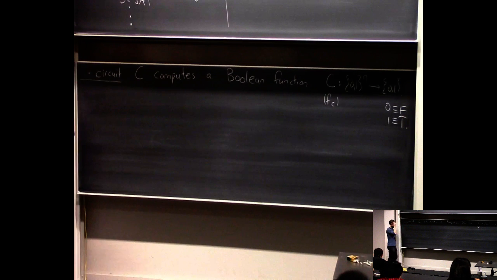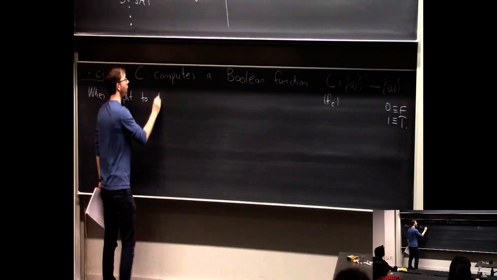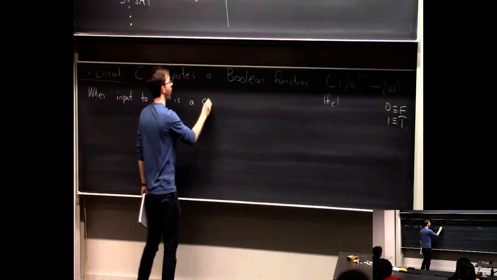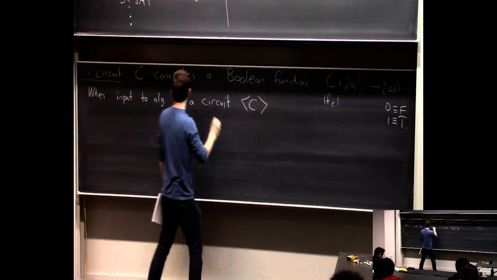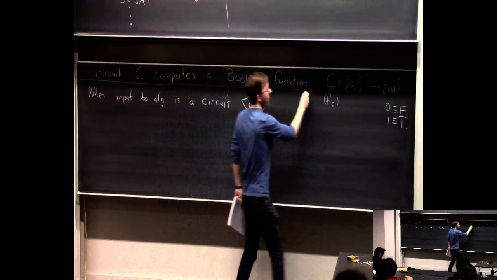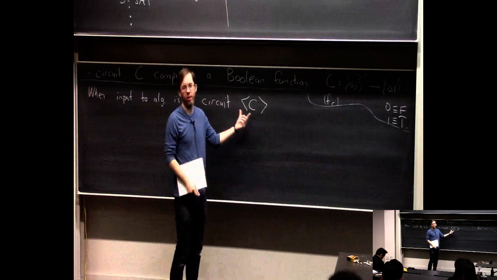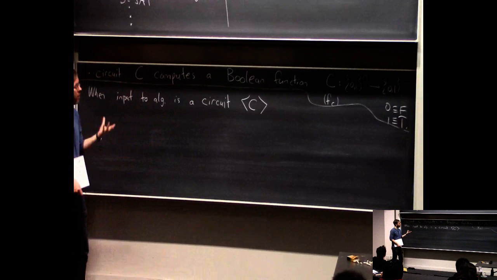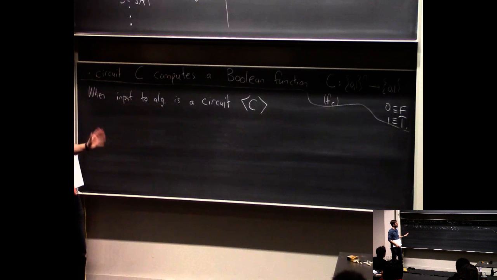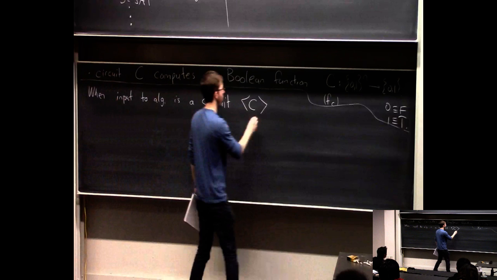So like with graphs, when the input to an algorithm is a circuit C, well, the representation of a circuit C, we usually prefer not to measure the running time as a function of the number of bits in the representation of the input. That's the default thing, to measure running time in terms of the number of bits in the representation of the input. But for circuits, we just prefer to use different parameters.